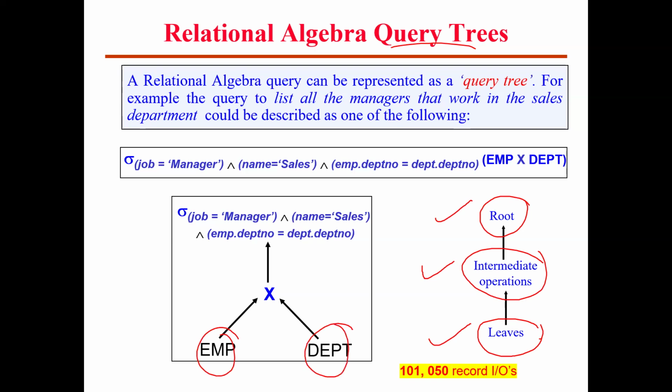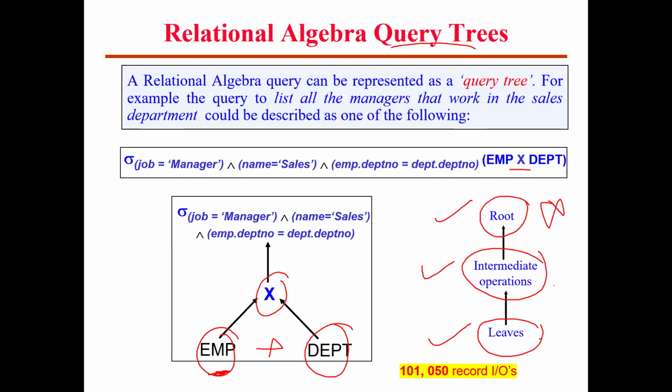In the intermediary operations, we might have operations such as cross product or join. Here in this particular example, we have a cross product, which is creating the link between employee and department. This is your intermediary operation.